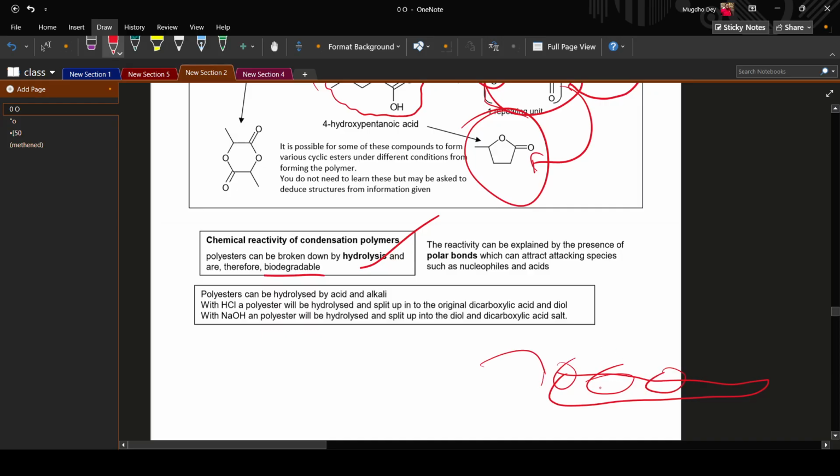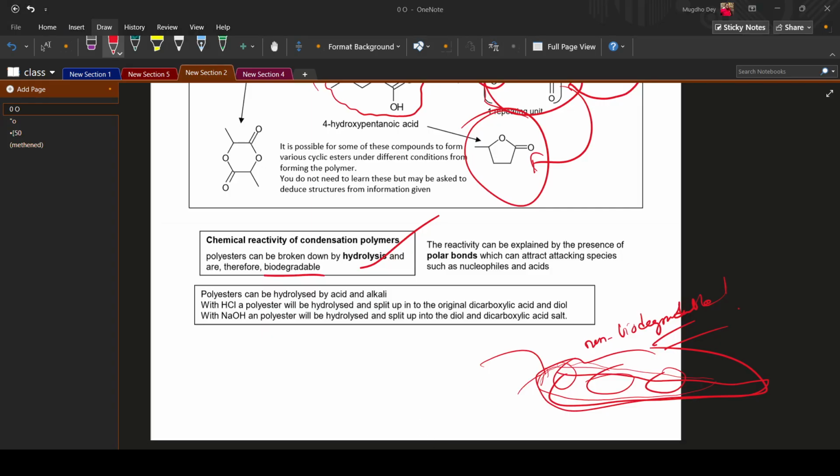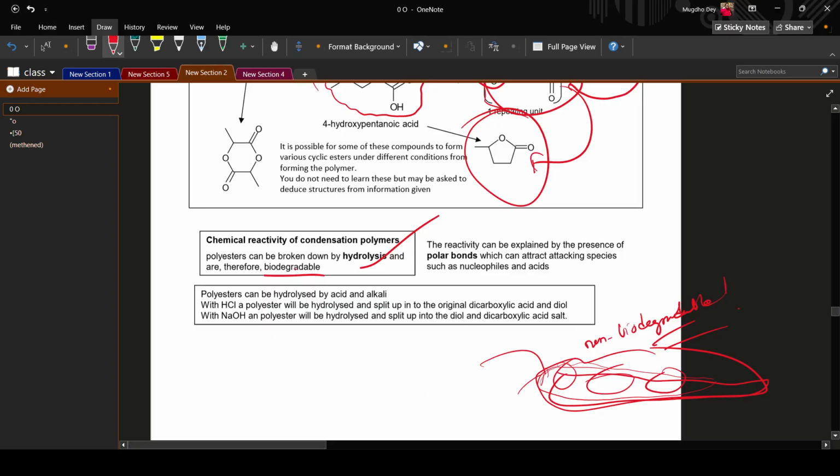We expect it to get decomposed by fungi and bacteria with time. Now if it's non-biodegradable, won't that be a problem? Isn't it polluting and taking up space in the ground? So that is why polyesters are biodegradable and eco-friendly.